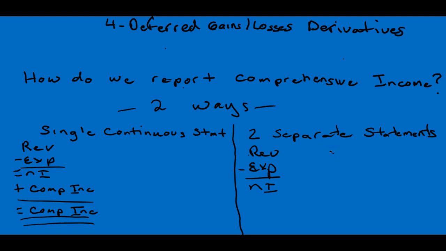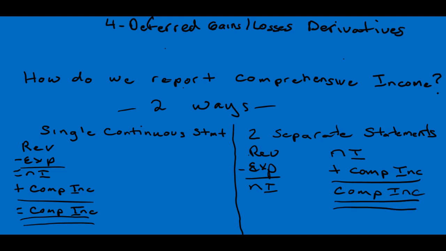The comprehensive income statement would start with net income because it is a component of comprehensive income, and then it would adjust it for other comprehensive income items, and it would come up with comprehensive income. Either way, you can see that net income is included in comprehensive income.